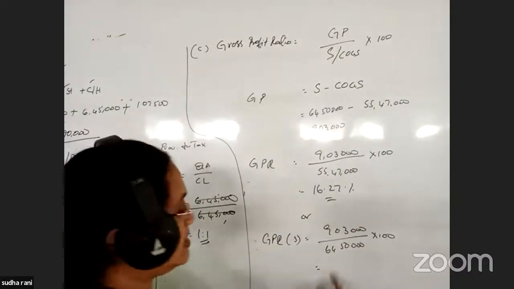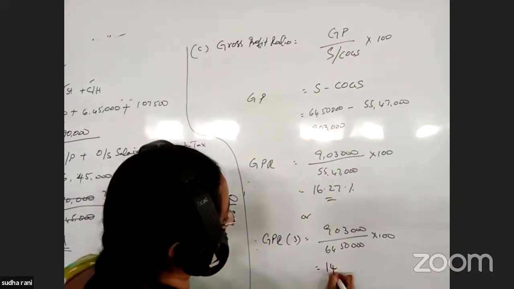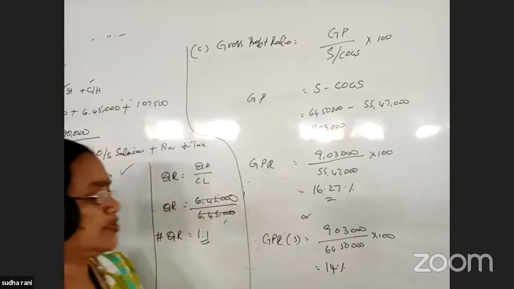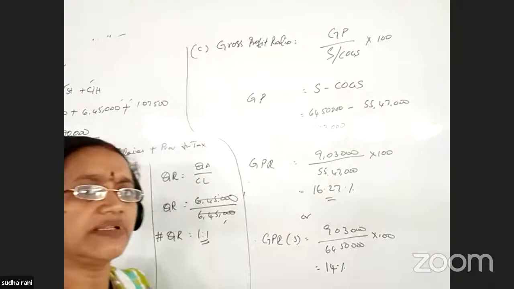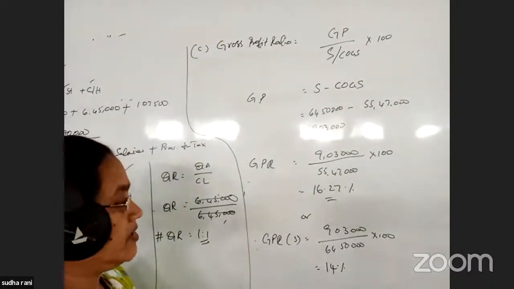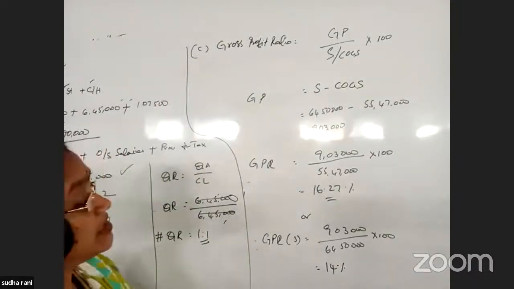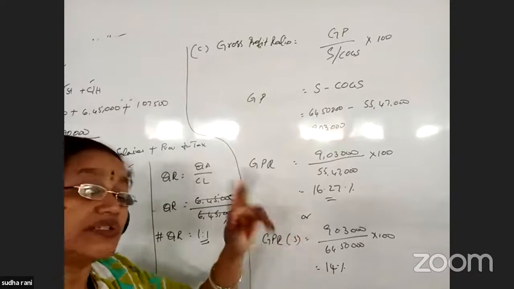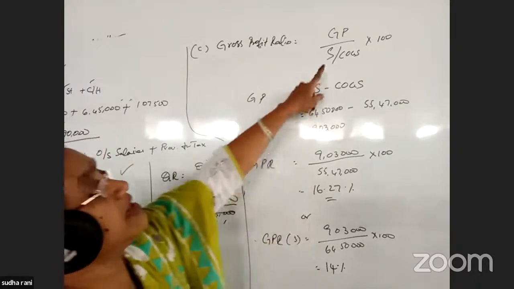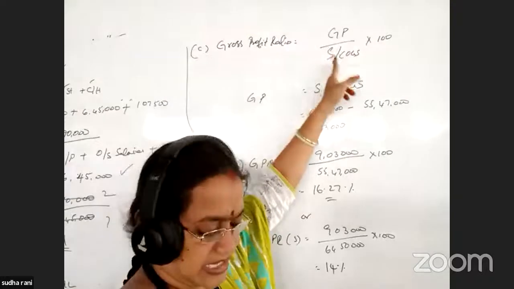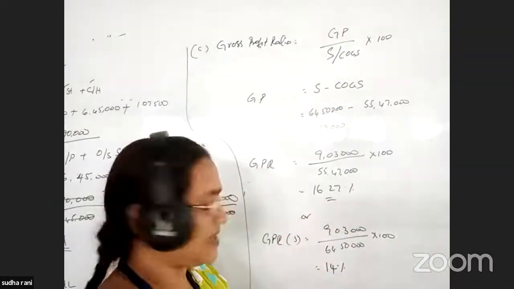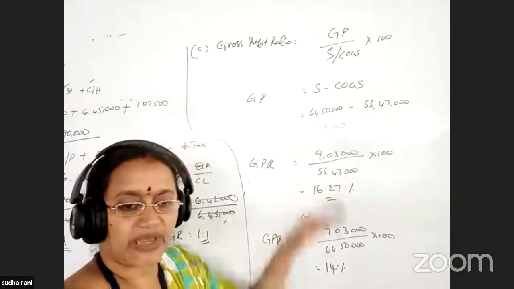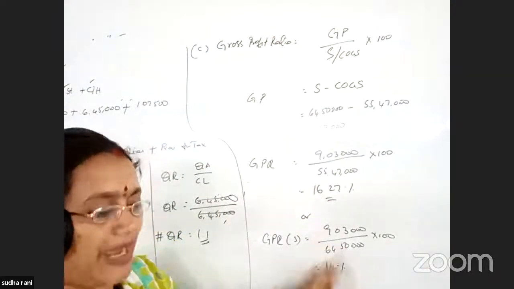And if you are taking sales, your gross profit ratio is 14%. Okay, check once again. So children, this is also a kind of technique. That is why we said there is no standard format. You can take either cost of goods sold or sales to calculate the gross profit ratio, which gives two different values. Depending on the company's requirement, it may take either of them.